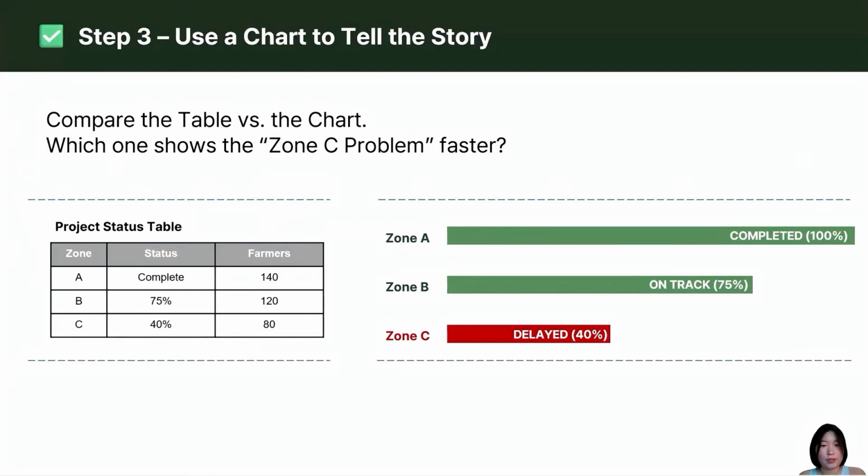Step 3 is visualize progress. Most people read charts much faster than numbers. Look at this table. It is hard to compare. I will delete this table and insert this bar chart.